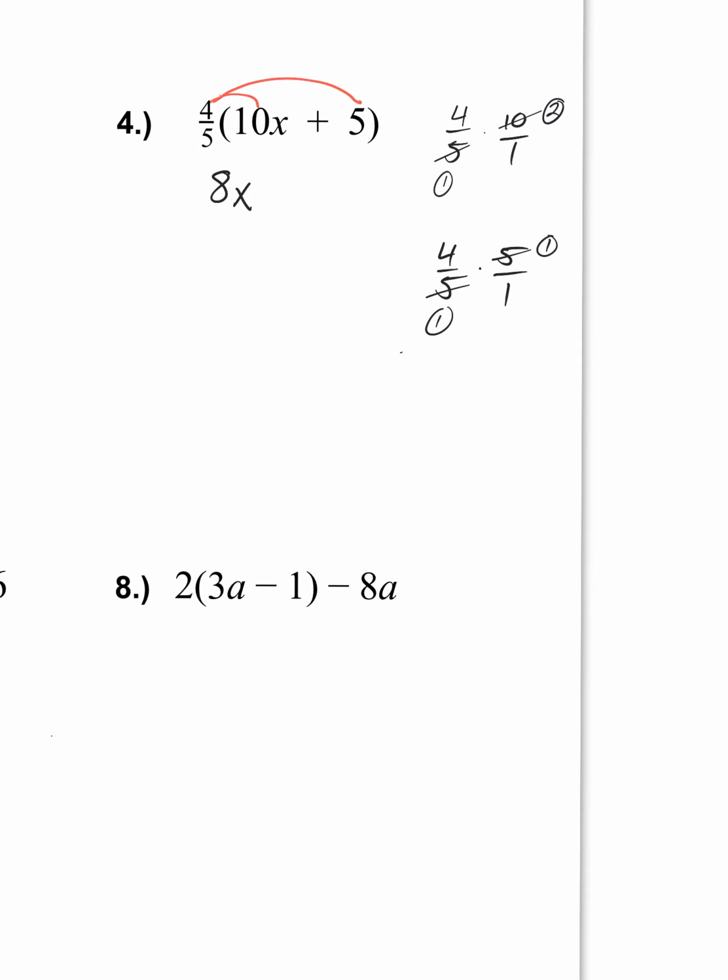If we multiply those fractions, 4 times 1 in the numerator, 1 times 1 in the denominator is going to give us 4/1, which is equal to 4. So 4/5 times positive 5 is positive 4. So we're going to write plus 4. So the final simplified expression there is 8x plus 4.